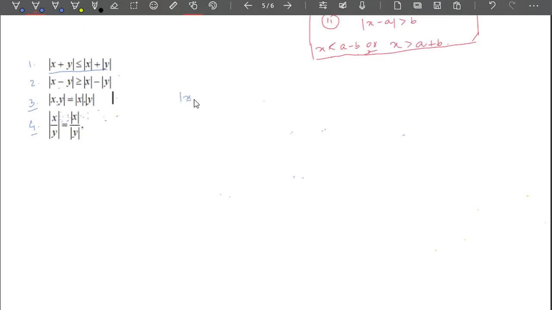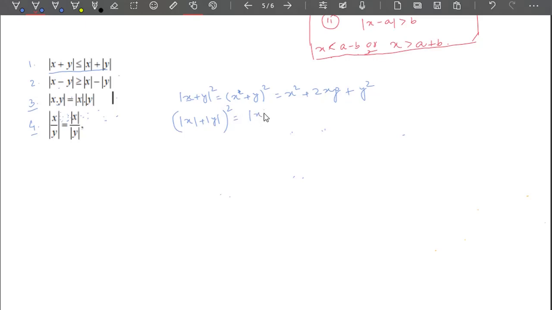What is modulus of x plus y whole square? That is actually x plus y whole square, that is x square plus 2xy plus y square. And what is modulus x plus modulus y whole square?